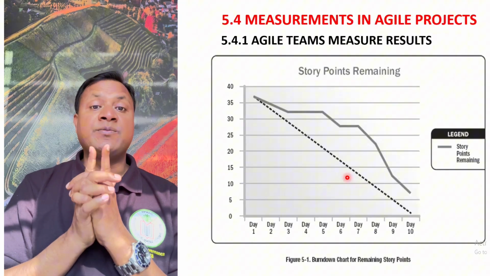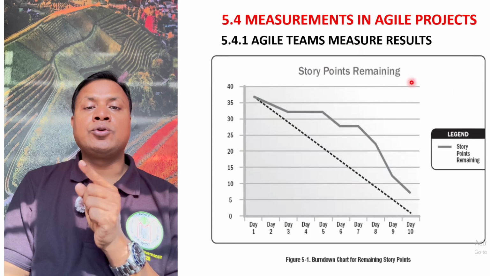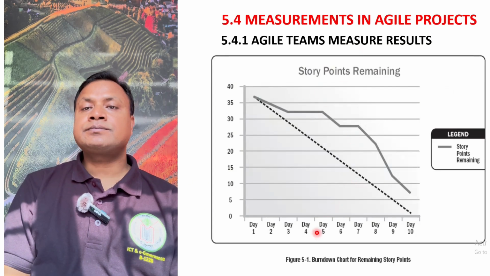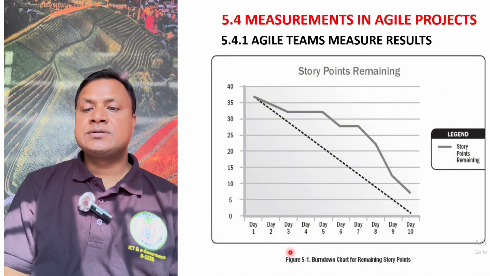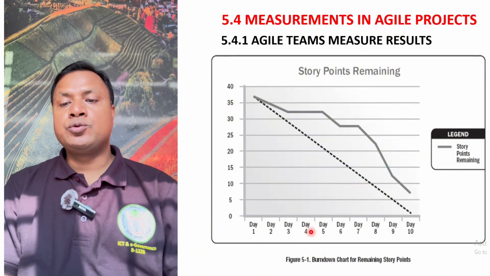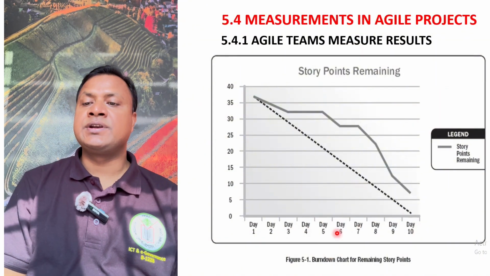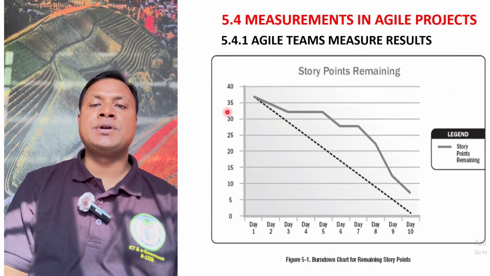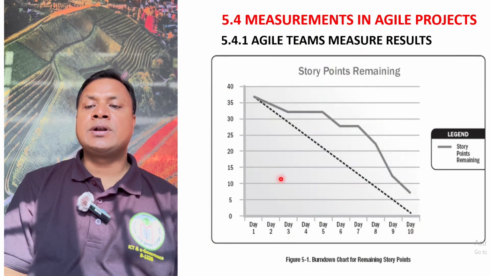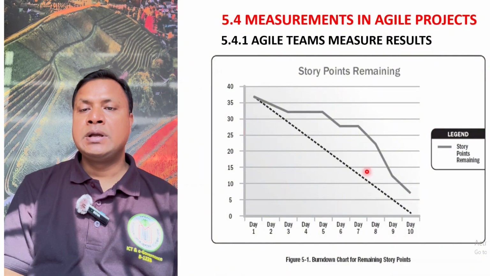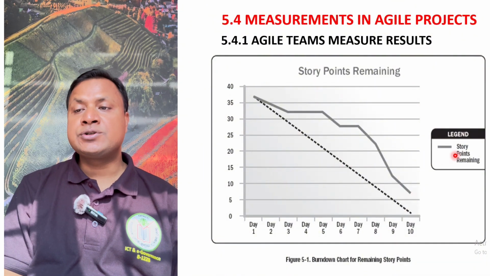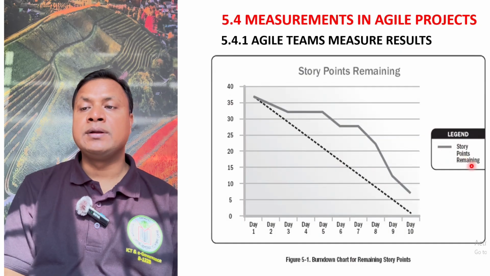So you can see some figures to understand. Look at this slide here. You see, this is day 1, day 2, day 3, day 4, increasing this way. This is time, and this is the story points you are completing. So this is called the burn down chart, and it shows the story points remaining.